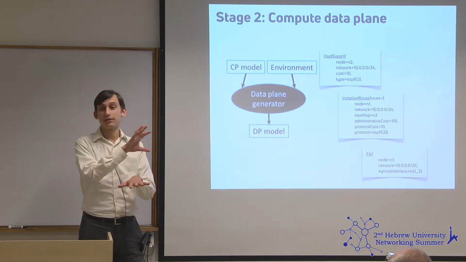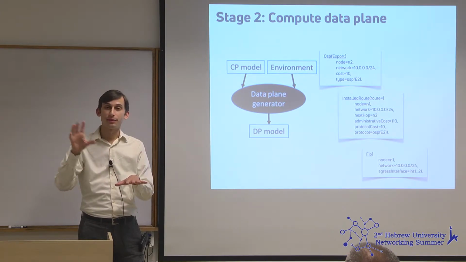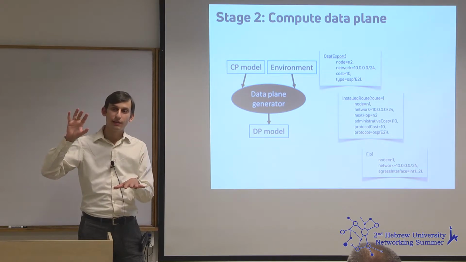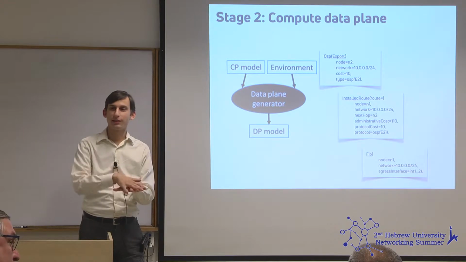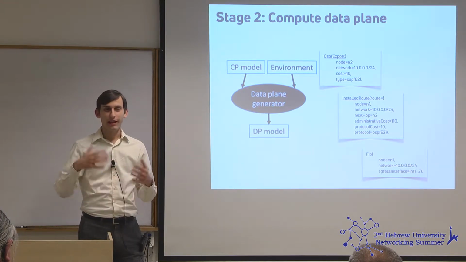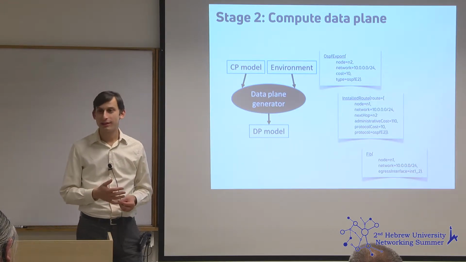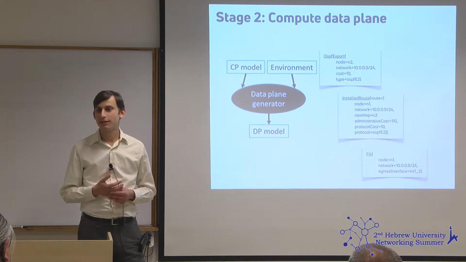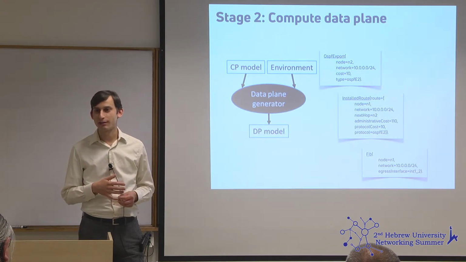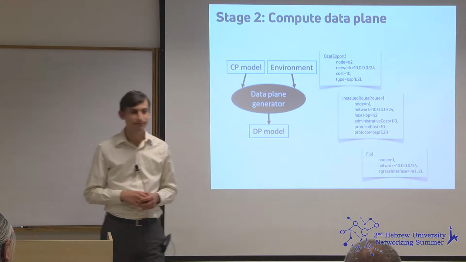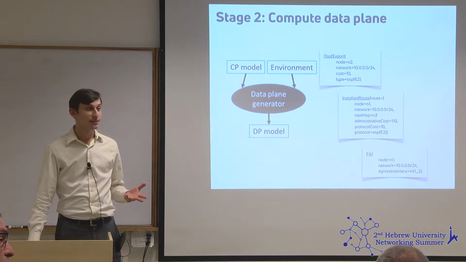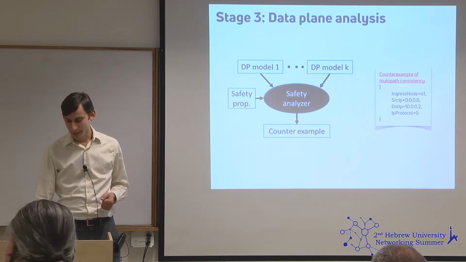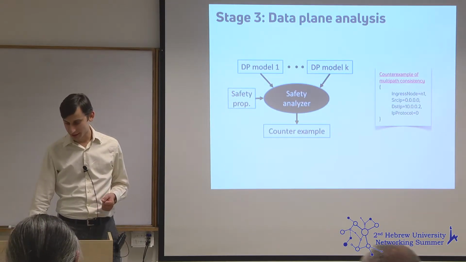And for different vendors, they have different translators that take the vendor's peculiarities and encode them into this intermediate representation at some level of detail, right? And it's not necessarily an exact translation of every corner case. So it's a model, but we'll come to accuracy.